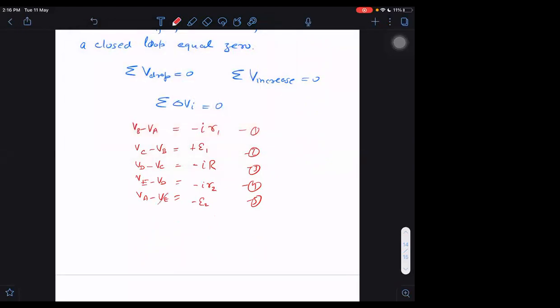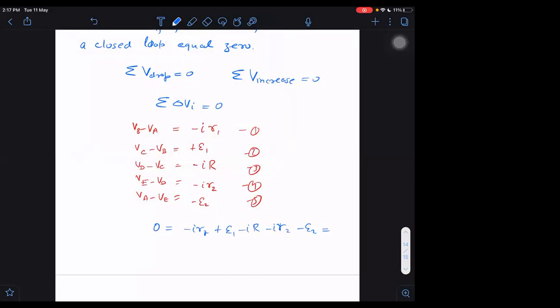All these terms are cancelling: E with E, D with D, C with C, B with B, A with A. So left hand side is 0, and 0 is equal to minus IR1 plus E1 minus IR minus IR2 minus E2.